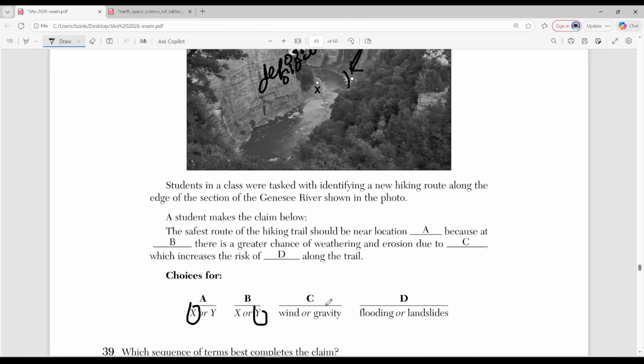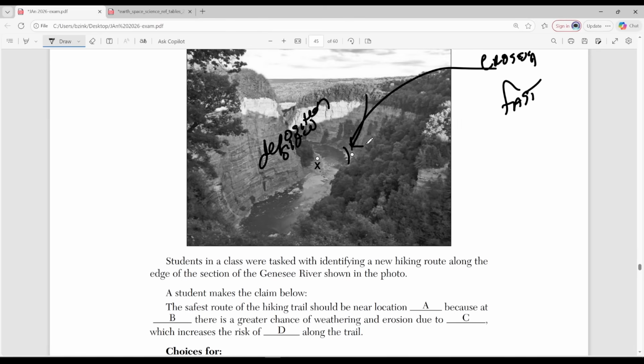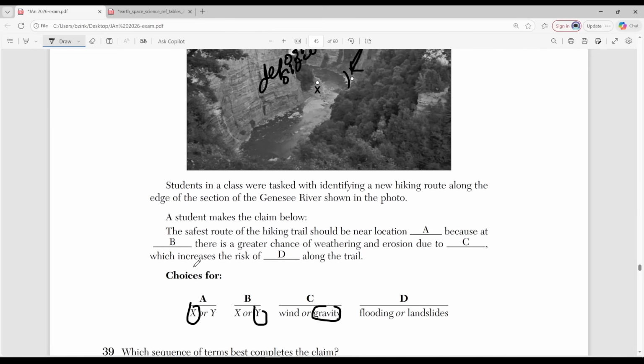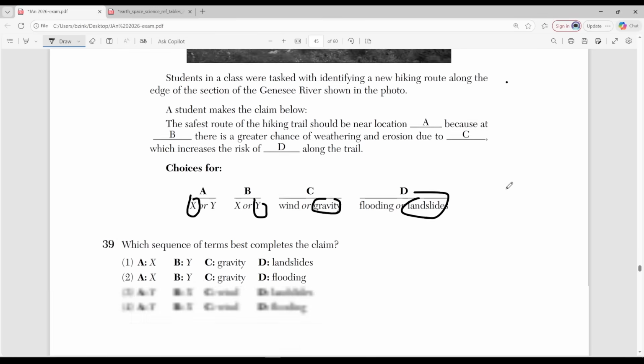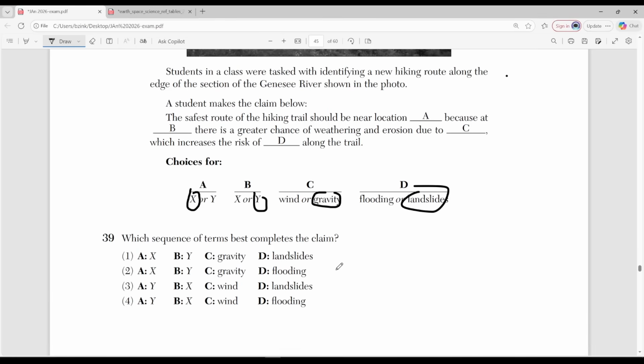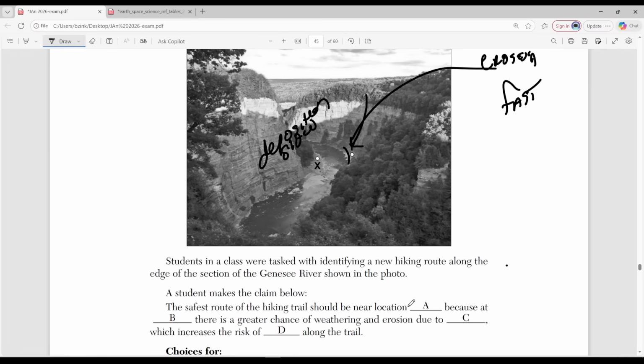So I guess gravity, because of the cliff, which increases the risk of landslides. That's probably what they were going for there. Oh, X, Y, gravity, landslide. I didn't even see this part. So that's the one I would pick. Kind of weird.